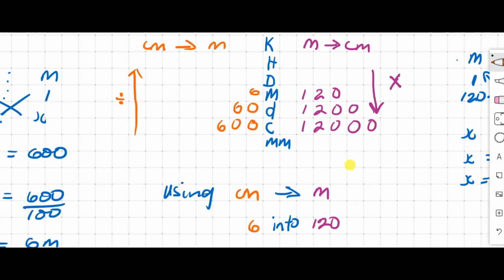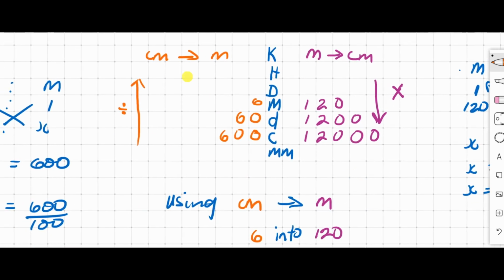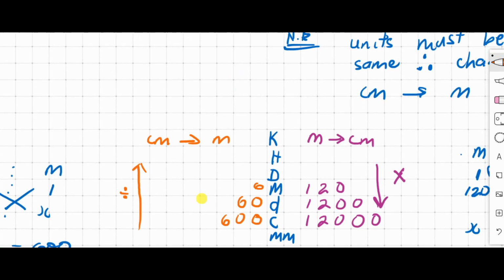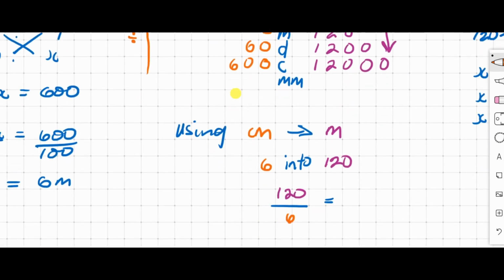Another way of looking at it is to change centimeters to meters, which is going up now, because I had 600 centimeters, as we worked out. I could change those 600 centimeters to meters so that I'd have the same units in the end. Going up, this time I'll divide, and it will be smaller.